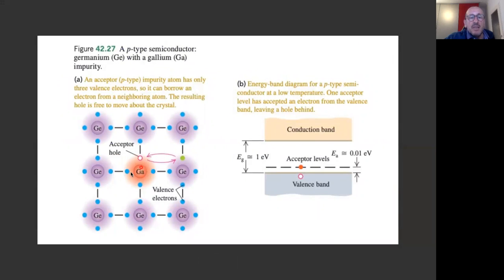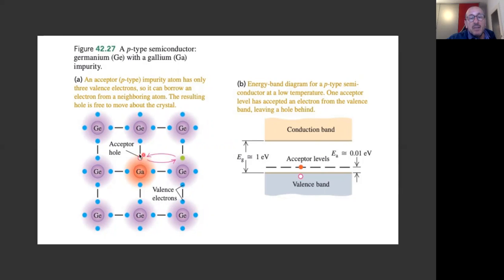You have this gallium atom here. This gallium atom is almost like a germanium plus a positive charge. Then, it also has one less electron here, so it has a hole.